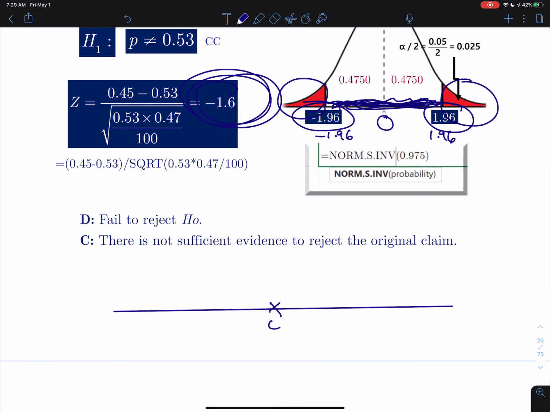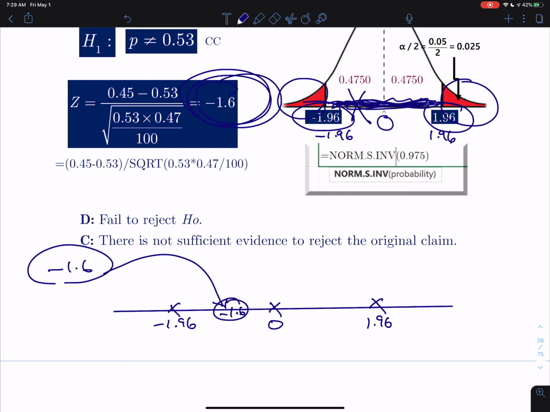If this is 0, if this is 1.96, and this is minus 1.96, where do you think minus 1.6 would fall? Yep, you're right. It would fall right there.